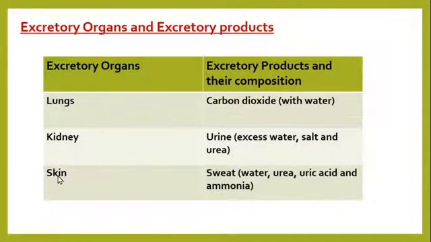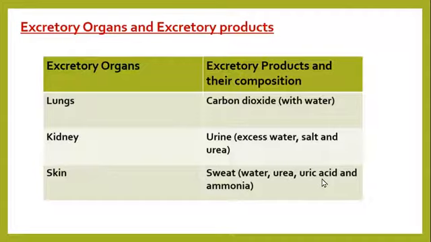Now let's move on to the skin. Remember we said the skin is the largest organ of the body. The skin has several functions, but we just look at the excretory function as an organ that excretes sweat. Now, sweat is composed of a large amount of water, urea, uric acid, acid from a compound, purine.